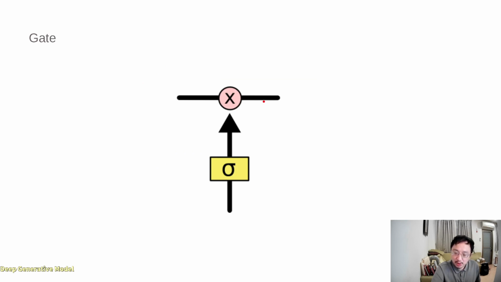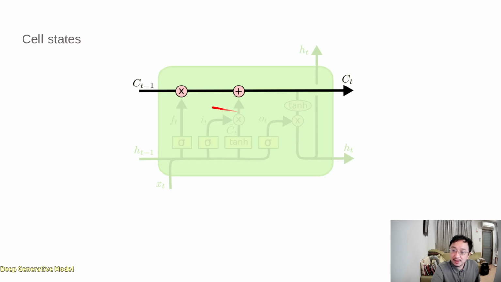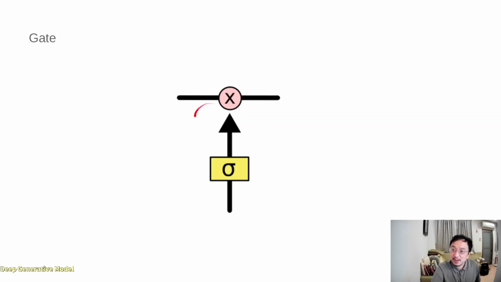One of the major components we can call a gate. The gate is in fact a way to control what passes through. We are going to apply it on the cell state, the long-term memory, and also on other parts. But this is called the gate.